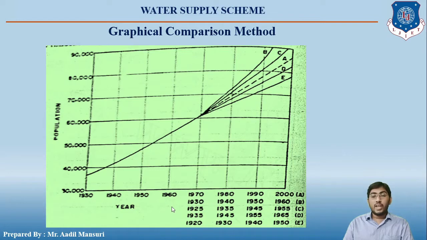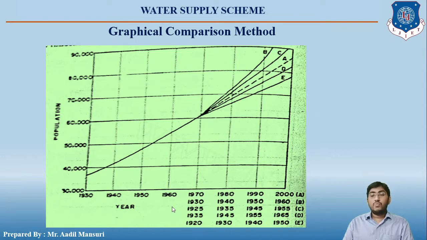For example, A has reached it in 1970, B has reached it in 1930, C in 1925, D in 1935 and E in 1920. So all these cities have reached the population of 62,000 in those respective years.